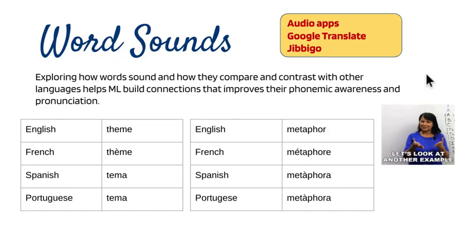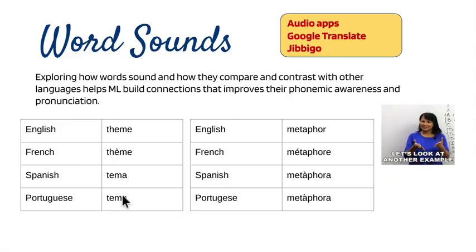You also have word sounds. Exploring how word sounds compare and contrast with other languages helps learners build connections that improve their phonemic awareness and pronunciation. For example, here I have the word theme. In French, it is thème. In Spanish, tema. And in Portuguese, tema.